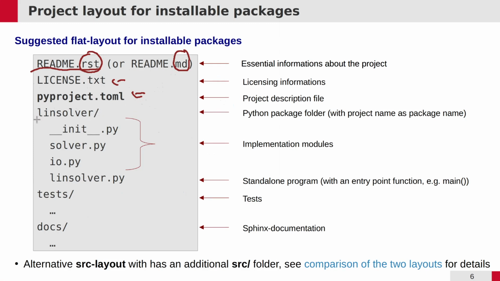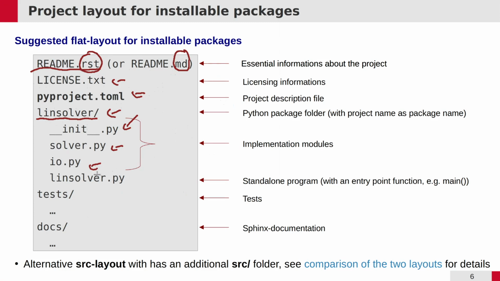Then, as we discussed in the previous video, it's very important to create a package for your project, so that your modules are within a package. The name of the package should, of course, be the name of your project. So that means you have to create a folder with the name of your project. In this case, it's linsolver, and this linsolver folder should have basically our Python source codes and, of course, the __init__.py file in order to signal that this is a Python package.